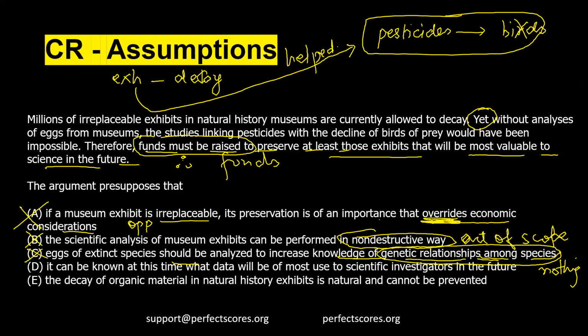D: It can be known at this time what data will be of most use to scientific investigators in the future. And E: The decay of organic material in natural history exhibits is natural and cannot be prevented. Now, I leave it to you. Make a choice between D and E. Which one do you think is the answer?